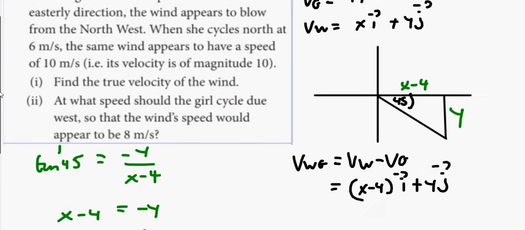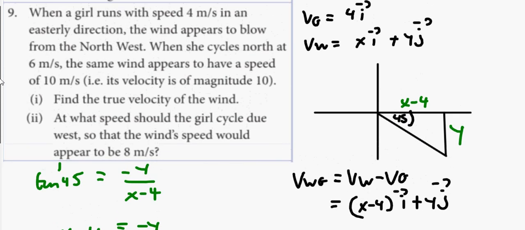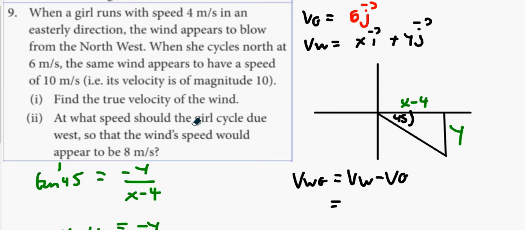When she cycles north at 6 meters per second, we change this to north at 6j. That changes the velocity of the wind to the girl. It doesn't tell me anything about the direction, but it tells me it has a certain speed.